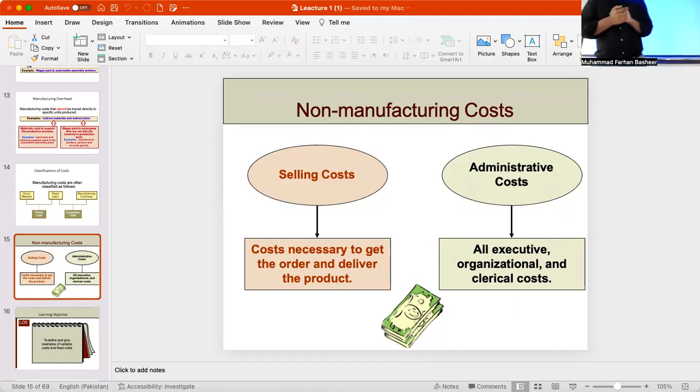So the next two costs are selling and administrative cost. For this classification of cost, let me draw an income statement here. Is it visible to you? What is an income statement? In the income statement, we have sales minus CGS, and then here comes the gross profit.